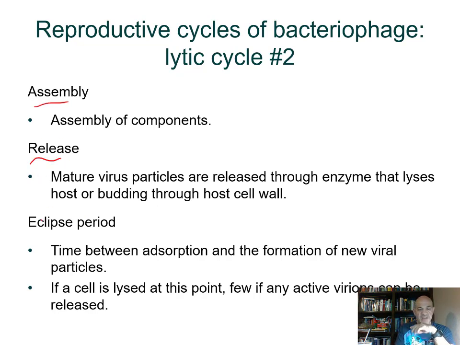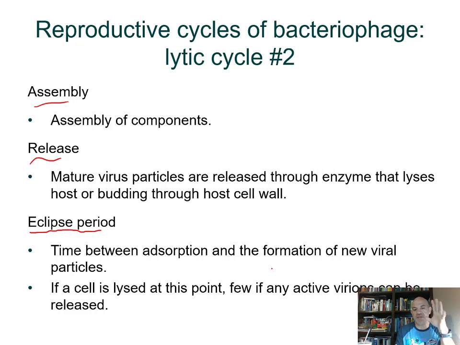Now, something not mentioned that was on the diagram is the eclipse period. During the eclipse period, this is going to be the time between adsorption, when the virus has injected its viral genome into the bacteria, and the time in which the new particles are being produced. That's called the eclipse period.